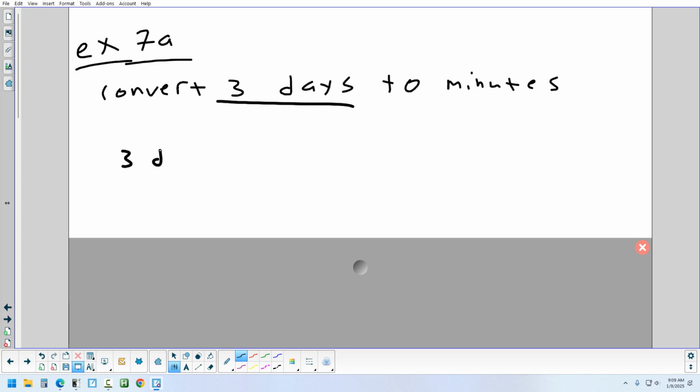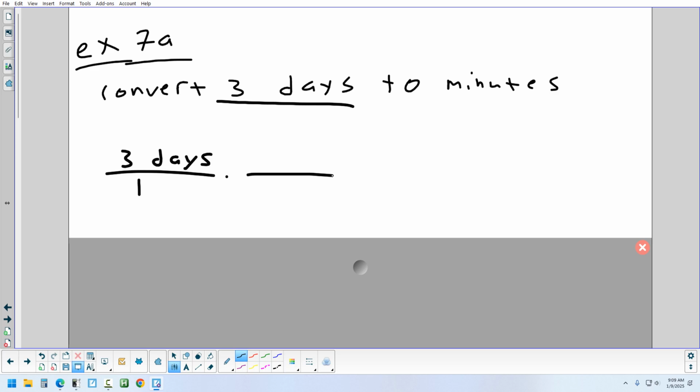So first thing we're going to do is write down 3 days. I usually make it a fraction. All right, so now we want to convert days to minutes, but we want to go 1 unit at a time. Okay, I don't know how many minutes in a day off the top of my head, but I do know how many minutes in something else, and that's the next unit down from days.